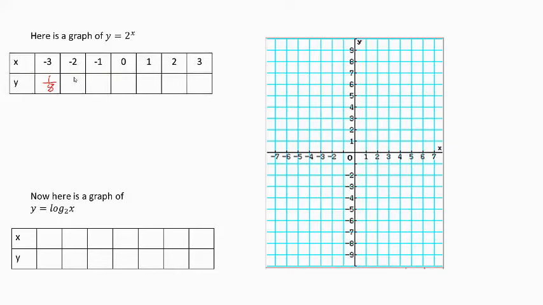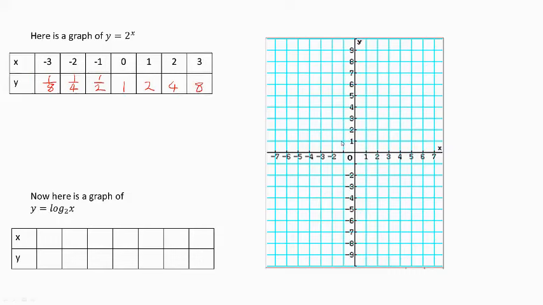The next one, 1 over 2 squared, which is 1 over 4. When x is minus 1, that's 1 over 2. When x is 0, 2 to the power of 0 is 1. Then we go 2, 4, and 8.